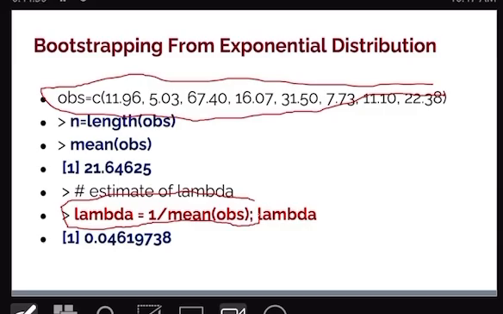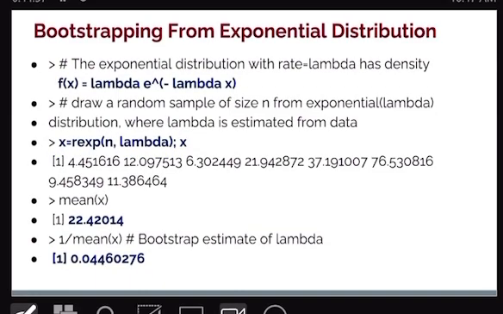So which means to be able to simulate from the exponential distribution, I will need to supply the estimated parameter based on the maximum likelihood for that distribution. Does that make sense? How do we do it now? That's what I'm doing now.